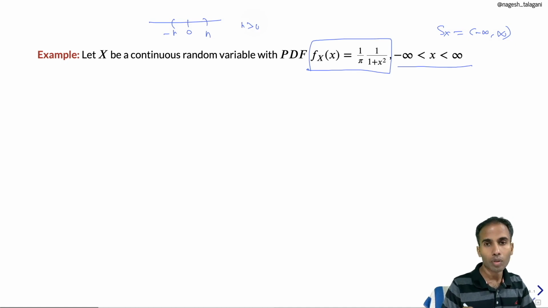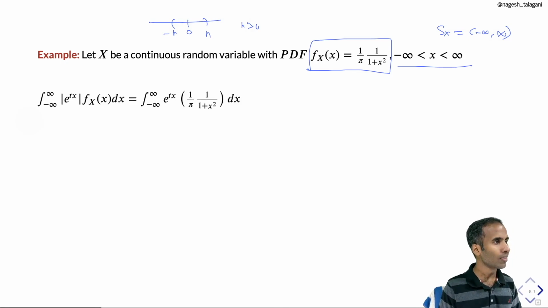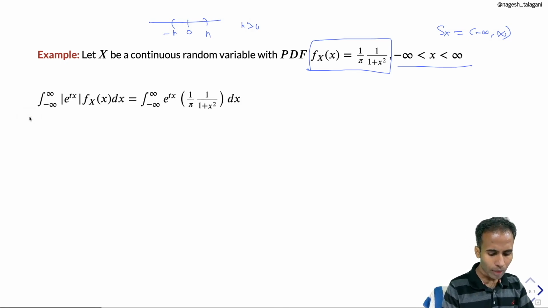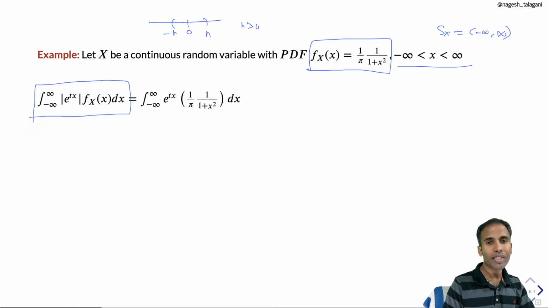To see if expectation of e power tX exists, we need to consider this integral from minus infinity to infinity of modulus of e power tx times f of x dx. If this integral converges for all t in some neighborhood of 0, then we say the MGF exists, otherwise not. Now here, we don't have to put modulus for e power tx as it is always positive.